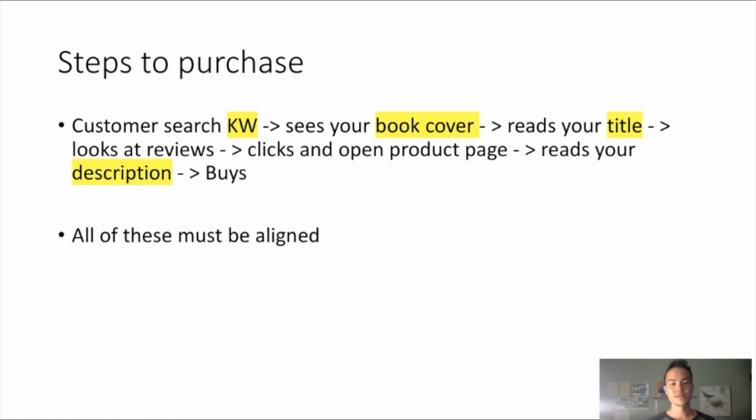And if you have good reviews, then they click on the book and open the product page. And finally, they read your description. If everything's aligned, if everything sounds good, they buy. So keyword, book cover, title, description, it all has to be congruent. It all has to be well put and made. That's probably the most important thing when it comes to this.